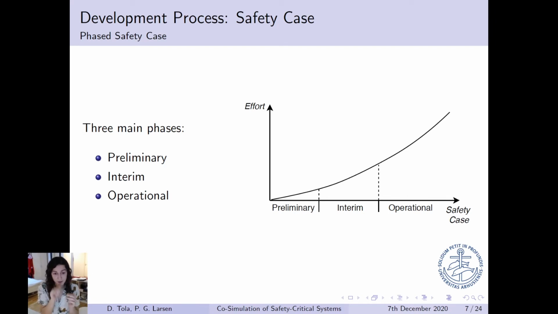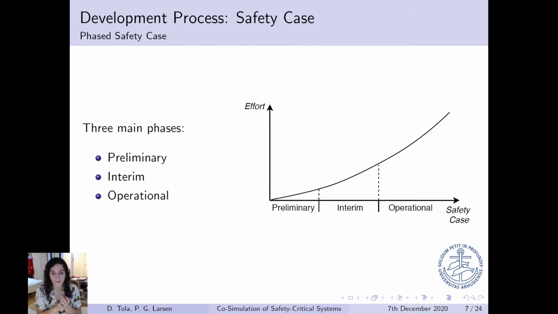As you can see on the graph, the preliminary requires not a lot of effort in the start, and the effort increases the further you are along the process. And in the end, hopefully you have an operational safety case where you will test a lot of your stuff on this physical system.